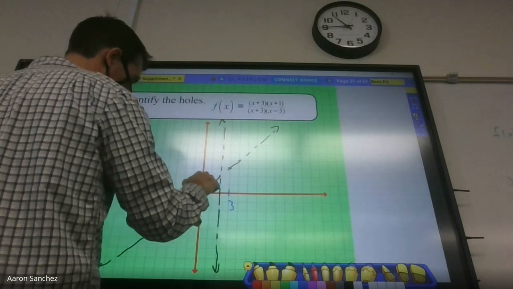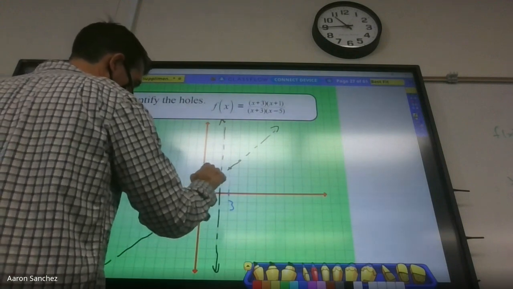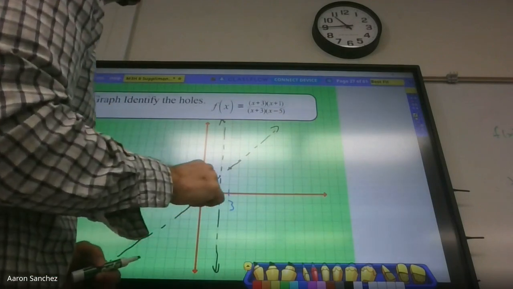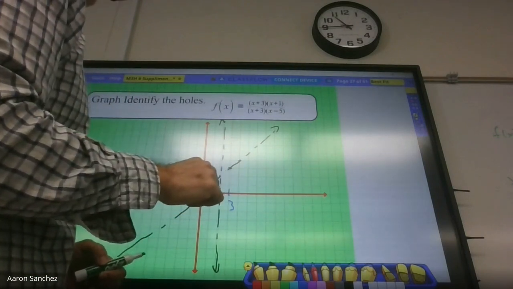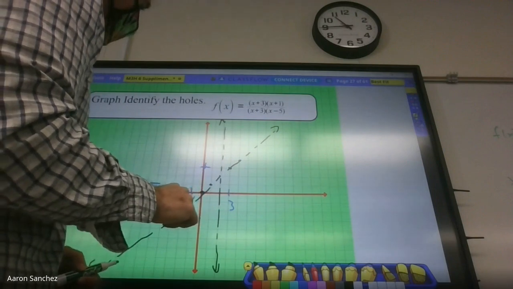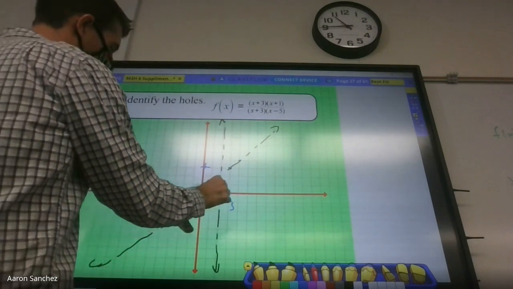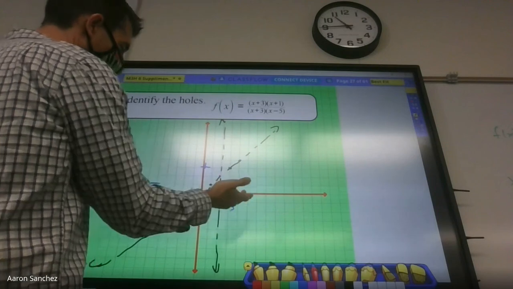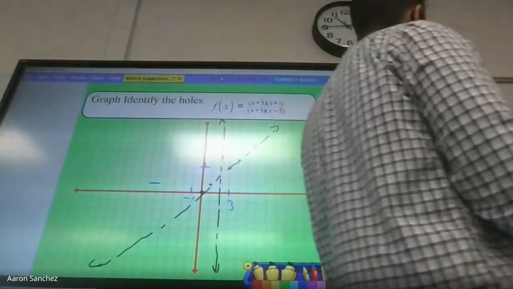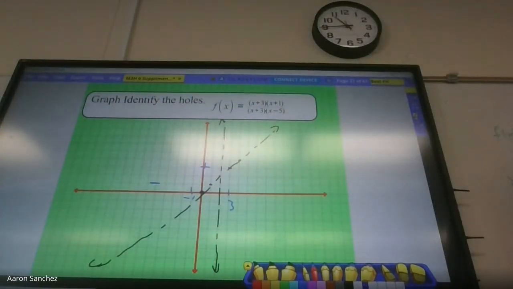Could do 0. It'll be positive. Plug in 0. 2 negatives will be positive. And then between 2 and 3 will be 2.5. Positive, positive.